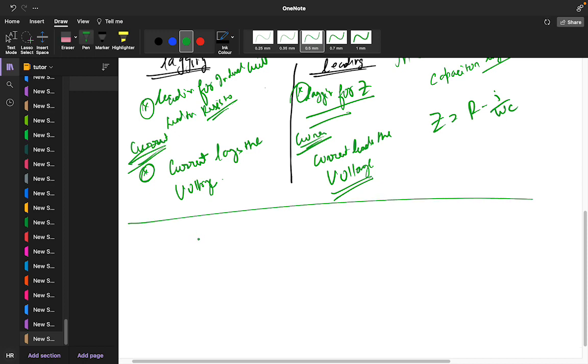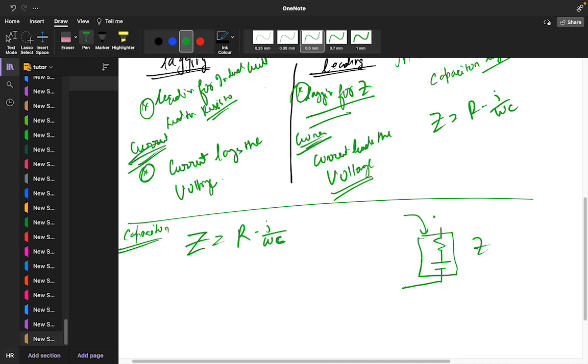Say we have net Z equals R plus, I'm saying for a capacitor, R minus j by omega C, correct? This is the formula for a capacitor, and you are assuming this as Z, and here current is coming.